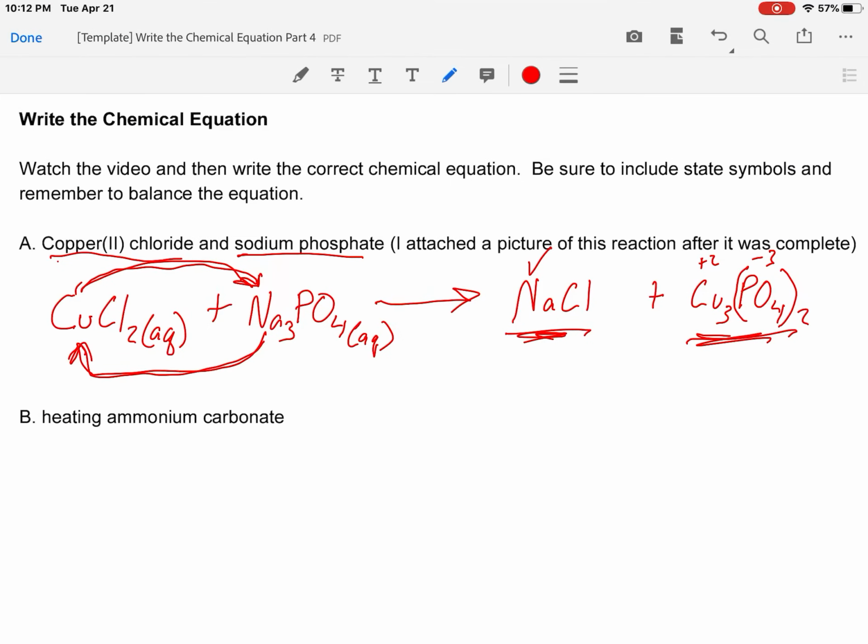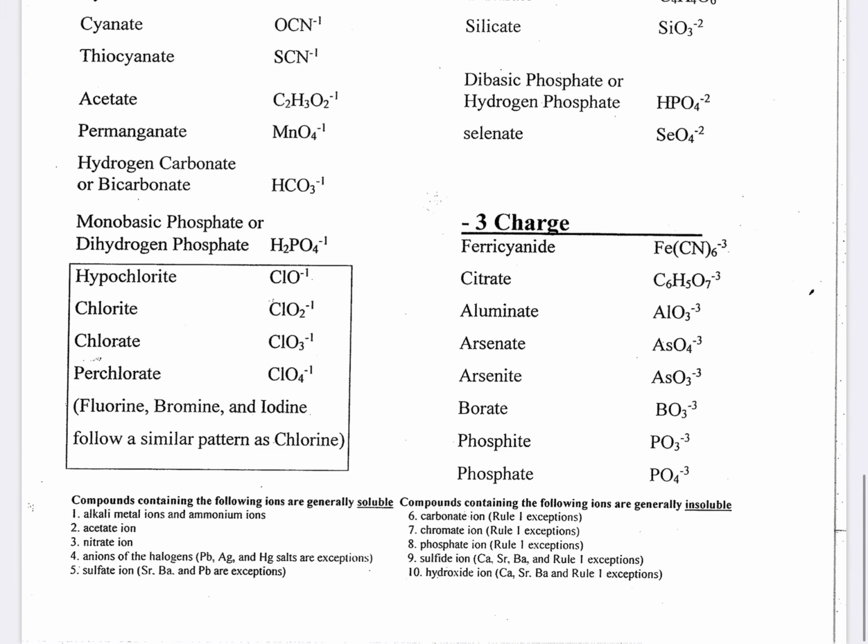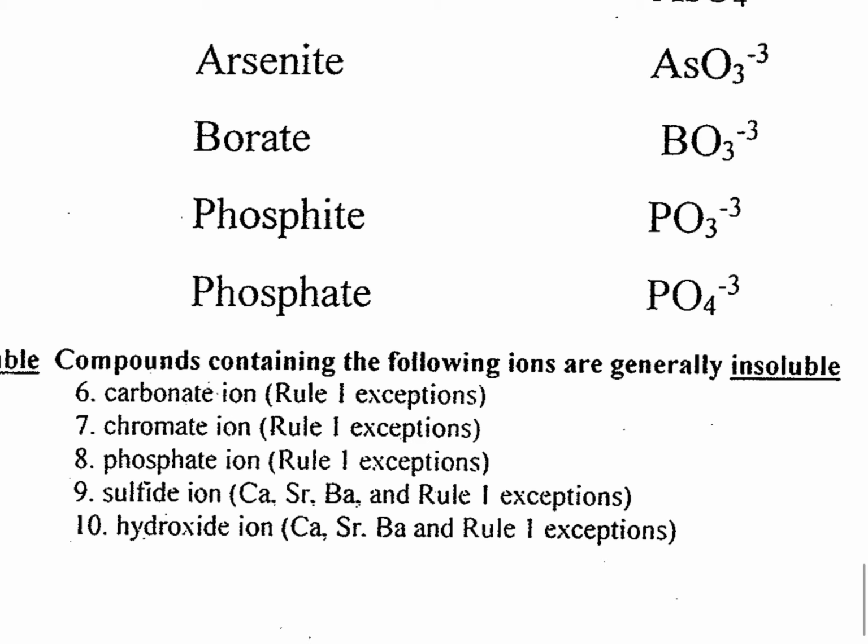Okay. Let's see what else we've got going on here. We've got a phosphate in the copper phosphate over here. Okay. Well, the copper 2 phosphate. Rule number 8 says compounds that contain the phosphate ion are usually not soluble. They are insoluble.